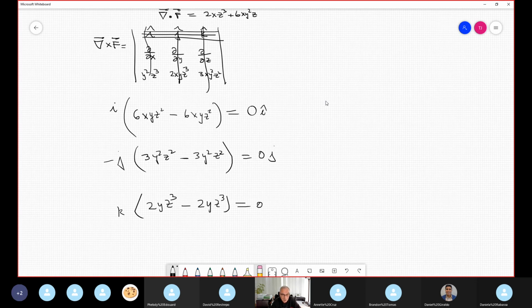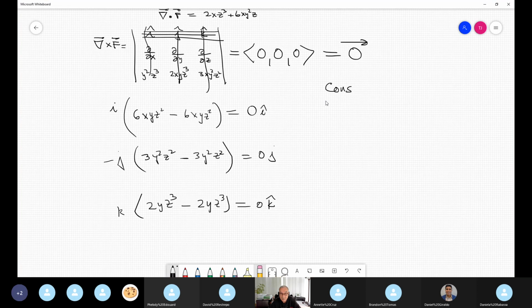Again is 0k. Therefore, the answer for the curl is the vector 0, 0, 0. In other words, you can indicate it like a zero vector, null vector. Si es null vector, entonces this is no rotation, no rotational. This vector field is conservative.